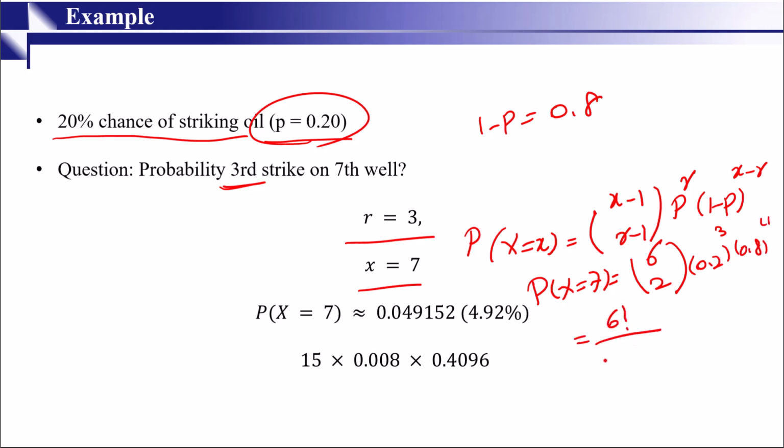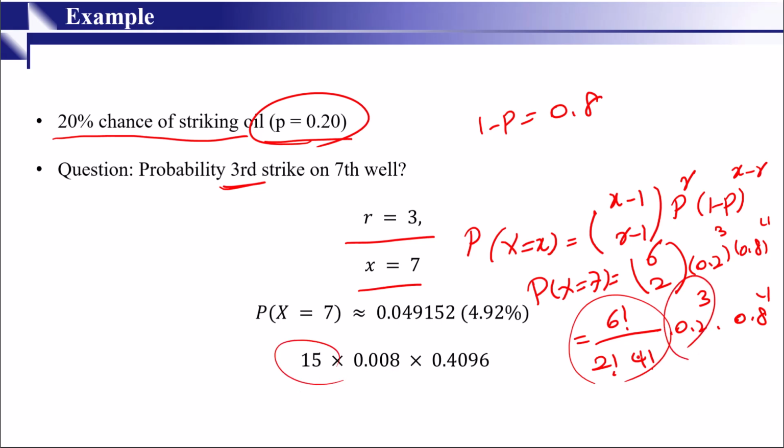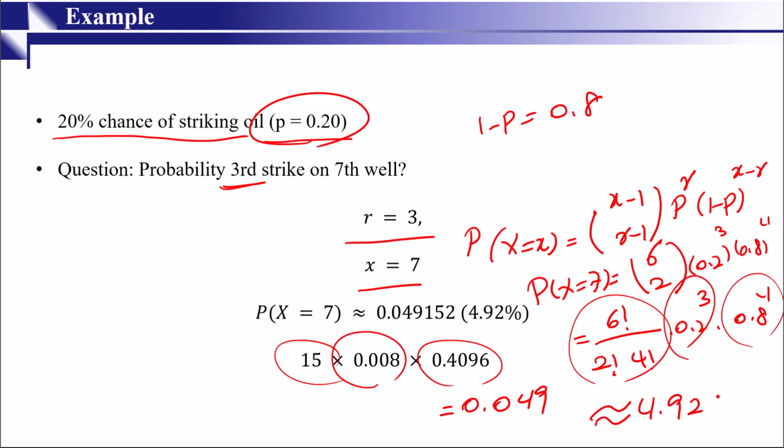That is 6 factorial divided by 2 factorial, 4 factorial, times 0.2 to the power of 3 times 0.8 to the power of 4. If you do the calculation, finally this one will be 15, this one will be 0.008, and this one will be 0.409, and after that approximately it will be 0.0492. So I can say approximately 4.92% chance that the third strike comes on the seventh well drilled.